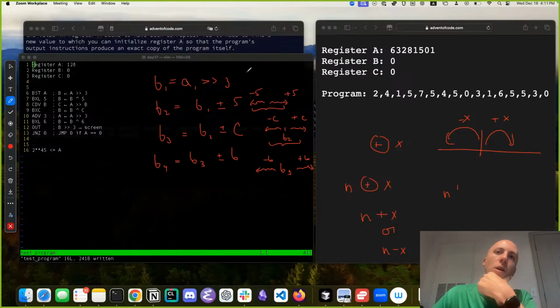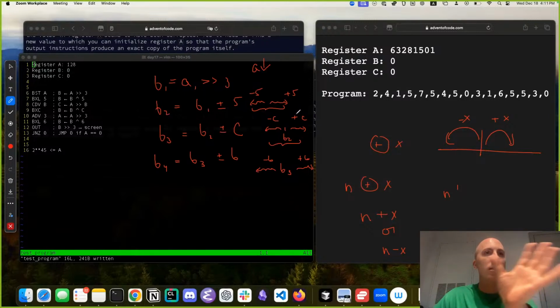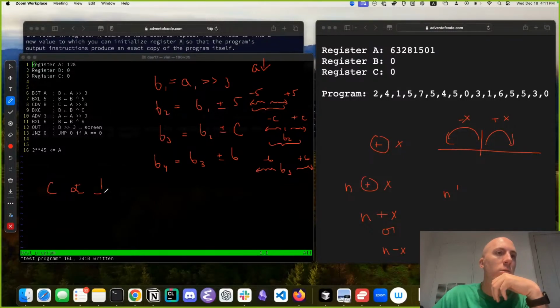So you basically get a smaller version of A. And then it shifts a little bit by 5. And then it could shift a lot by C. Remember we said that C is inversely proportional to B. So if B is small, then C is large.